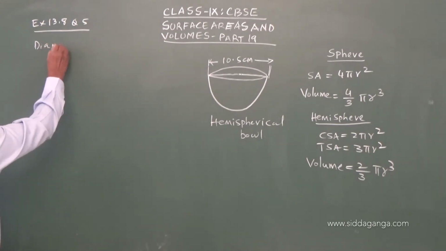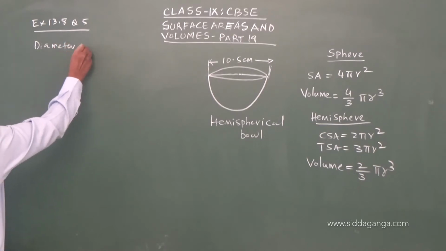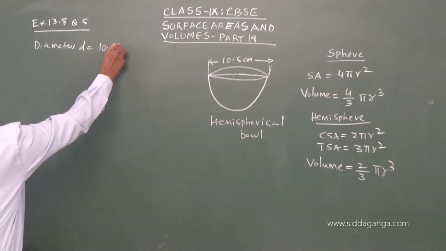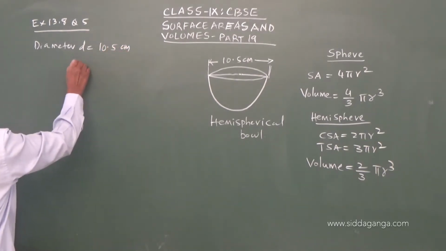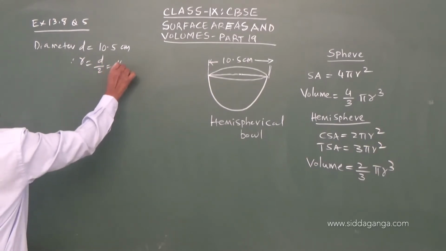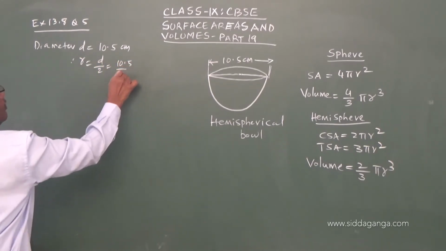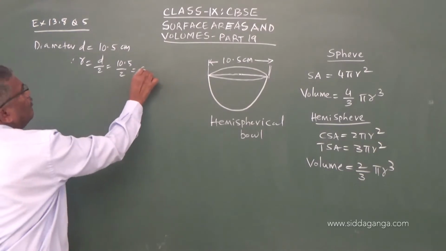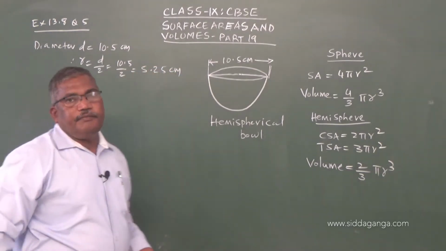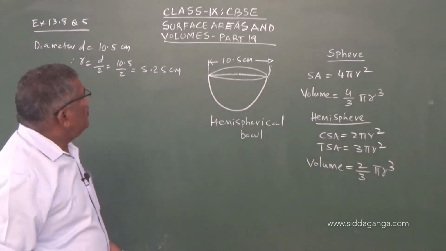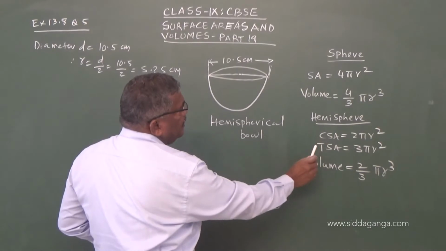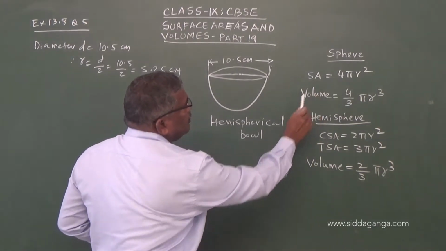Diameter D of the bowl is 10.5 centimeter. Therefore radius will be D by 2, 10.5 by 2, which equals 5.25 centimeter. Now with this data we will be able to calculate the volume of the bowl.